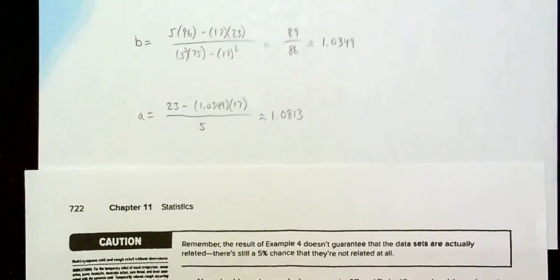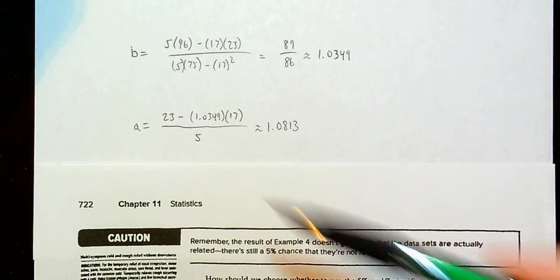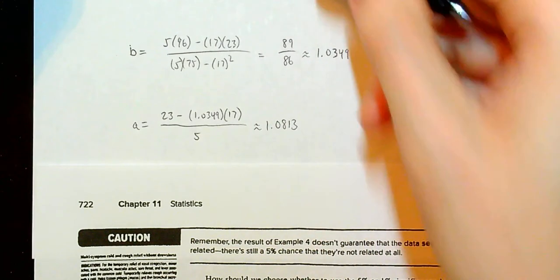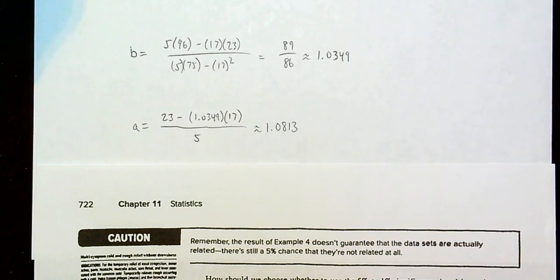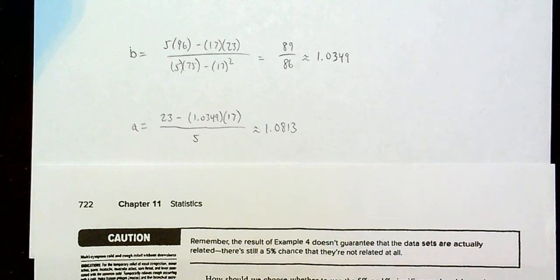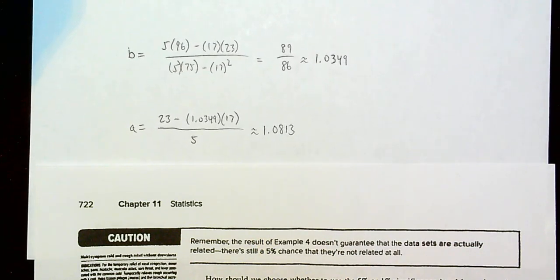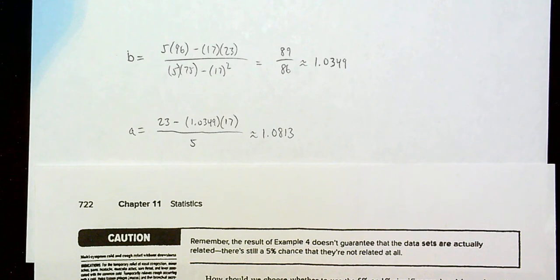Now the A value here, it's the sum of your y's minus your B value times the sum of your x's, which was 17, all divided by our n value of 5. Use your order of operations, do this calculation, and you get 1.0813 approximately.